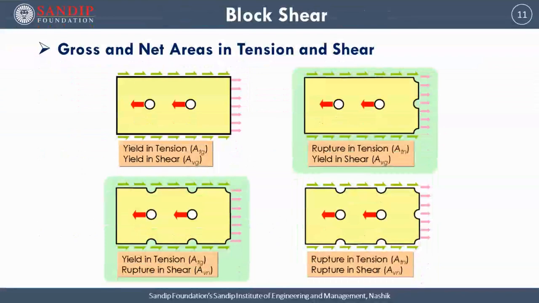So it is explained here: gross shear area, net shear area. Now you can see here, yield in tension, yield in shear. This is the tension plane and this is the shear plane. So ATG, AVG, then ATN and AVG.